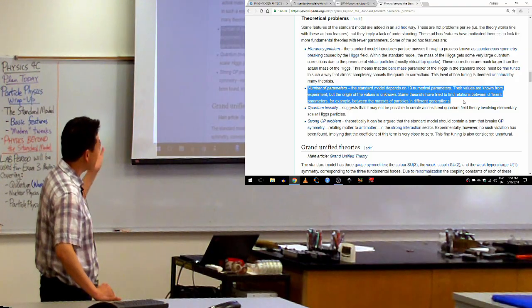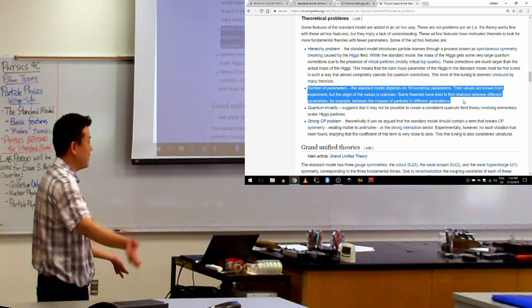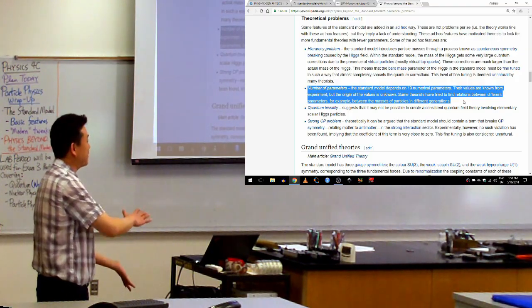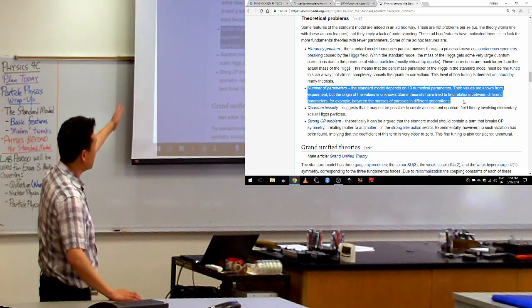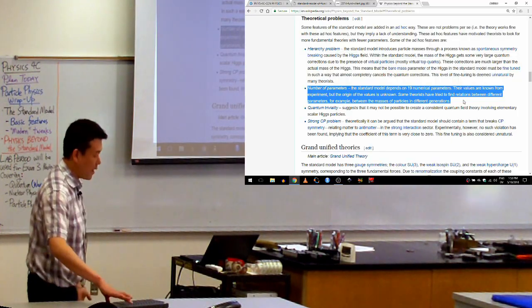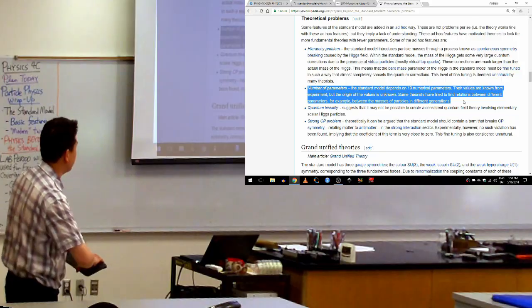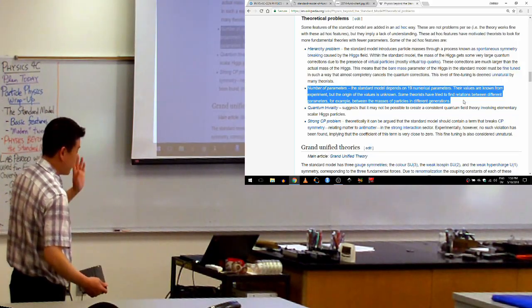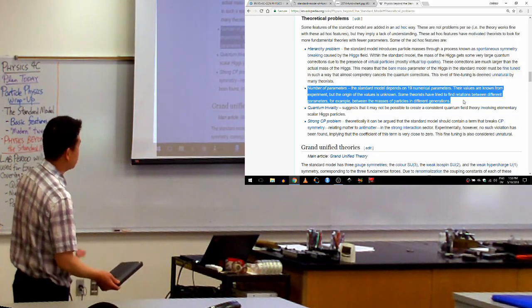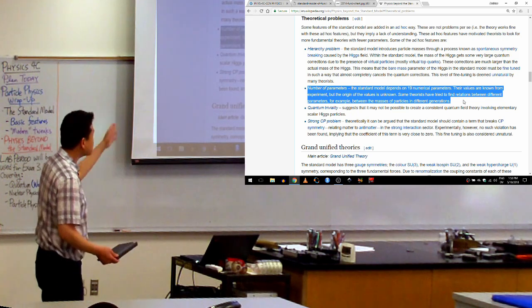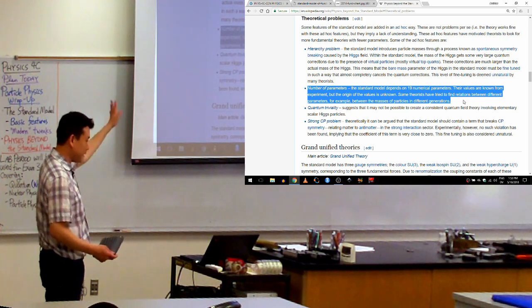When you have so many parameters, you can fit anything to match the observations, so a lot of people are uncomfortable with it. That's really why, at least that ought to be why, there were people working on string theory, which has its own issues. It has more parameters than the standard model. But I'll just leave that there.